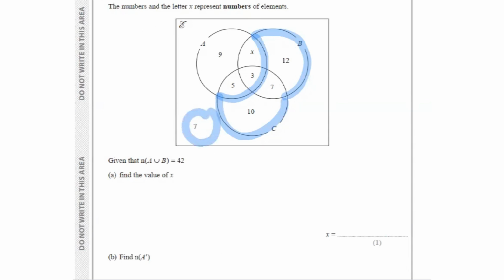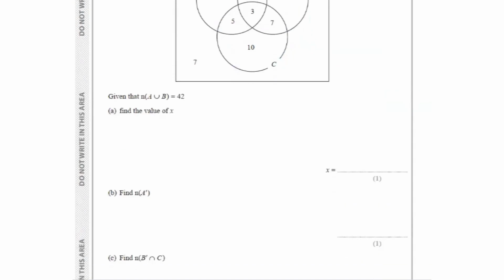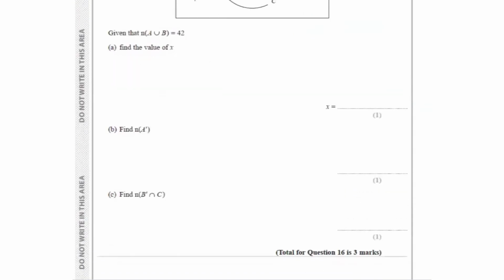It's not a part of A. So we'll do 10 plus 7 plus 7 plus 12, which is 36. That's the number of A complement elements.